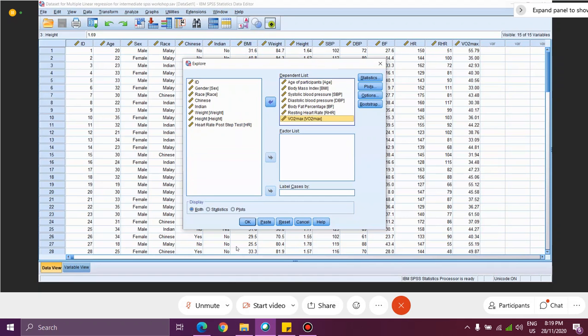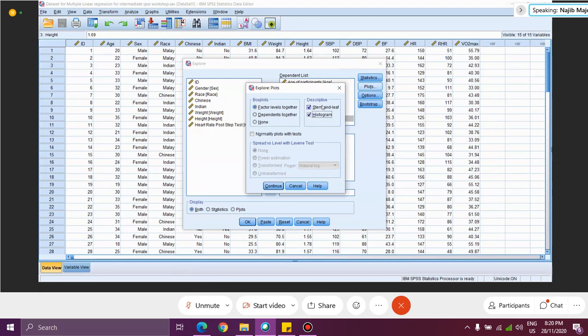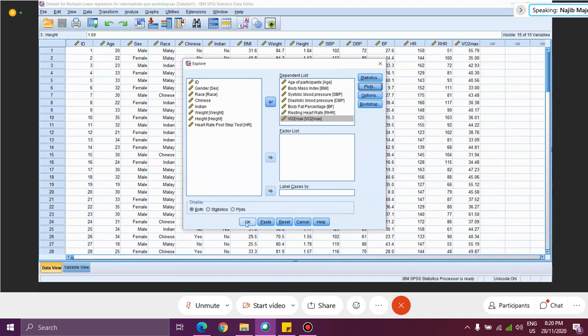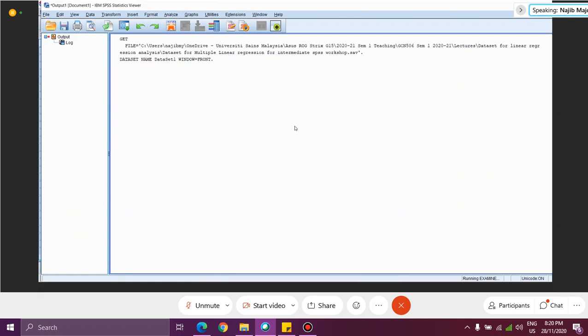And you can also examine the dependent variable as well, because now we are going to explore all these variables to look at missing data and also the distribution, and also whether there's any outliers to identify if there's any error in data entry. So under plot, I always take histogram and also normality plot with test. Continue and then OK.